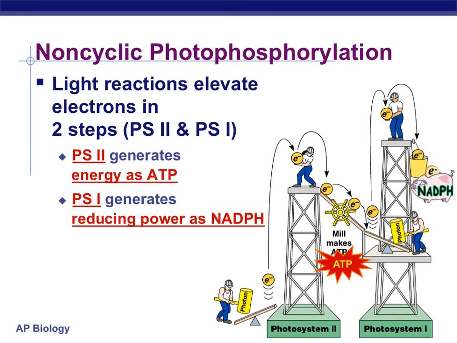So this picture might look pretty complex, but we want to keep track of the big picture. The light reactions use solar power to generate ATP and NADPH. That provides chemical energy and reducing power, respectively, to the carbohydrate-making reactions of the Calvin cycle.